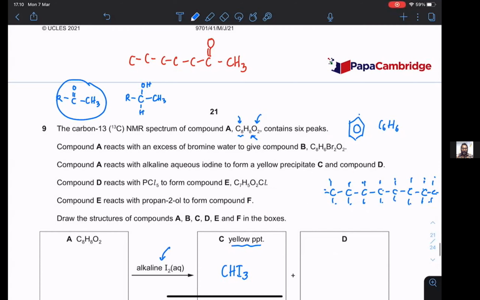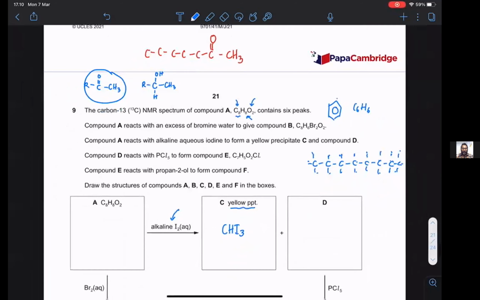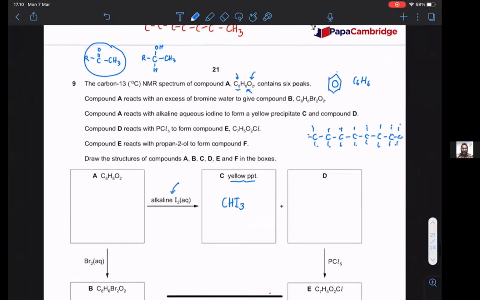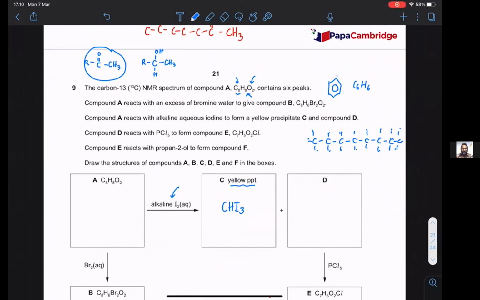So if I put over there, roughly, I know that I have alcohol, for example. If I have alcohol, I am going to have this. Let's say here I'm assuming that I have alcohol.